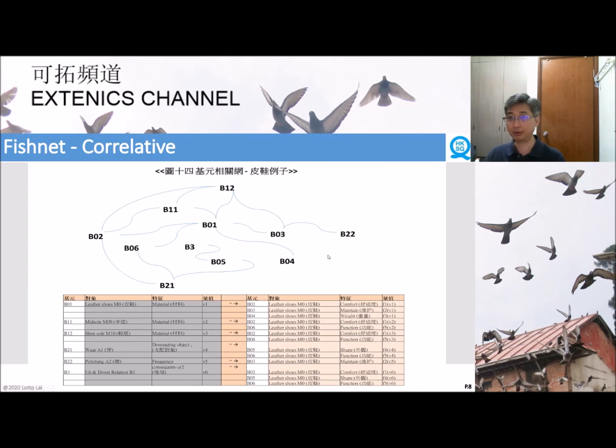We use a computer to calculate what happens if I change the material, the weight, the portion, the frequency, the usage, etc.; they relate to other characteristics that also change. So it forms the correlative network, and it can be calculated by computer to see the conductive effect through the change of each component of the product.